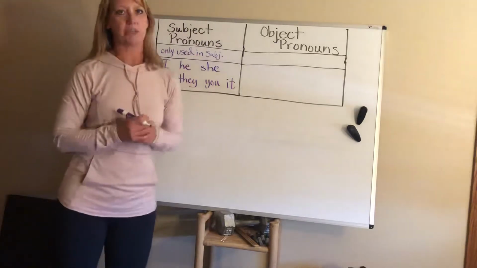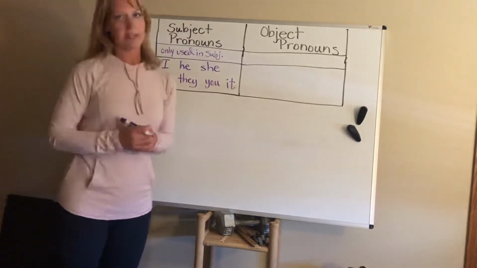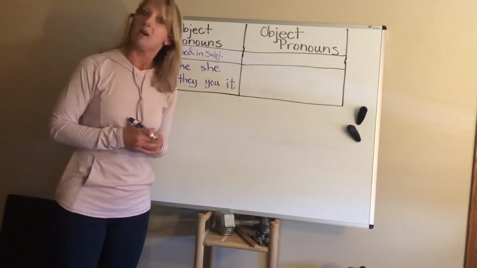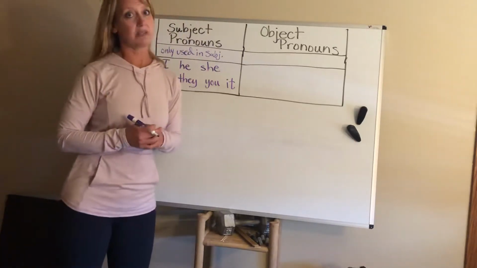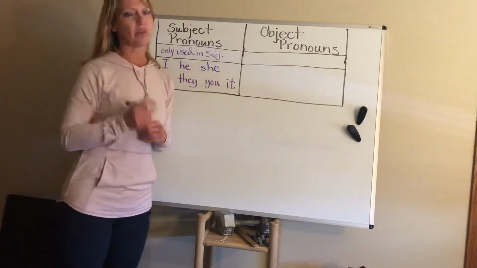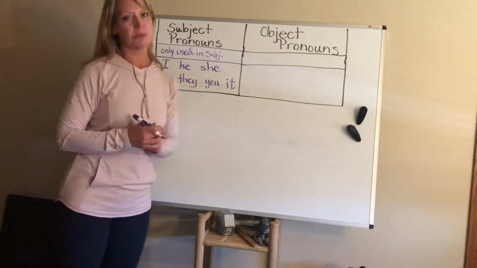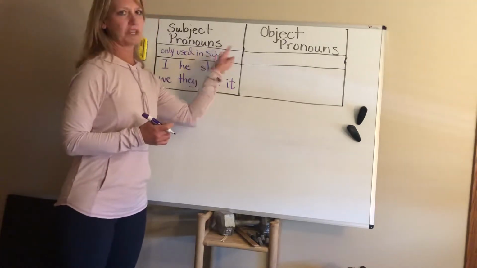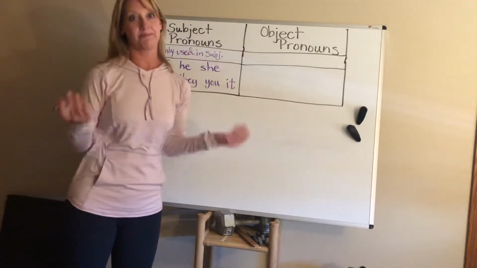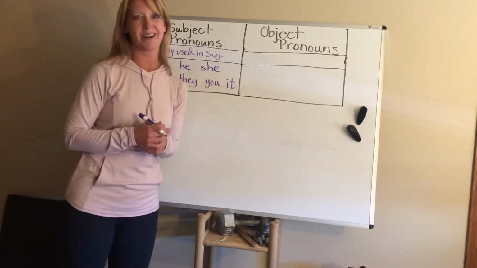Object pronouns, honestly, I wish they were named something else, because if subject pronouns are only used in the subject of the sentence, I'll bet you can figure out where object pronouns can only be used. If they can't be used in the subject, they have to be used in the predicate.